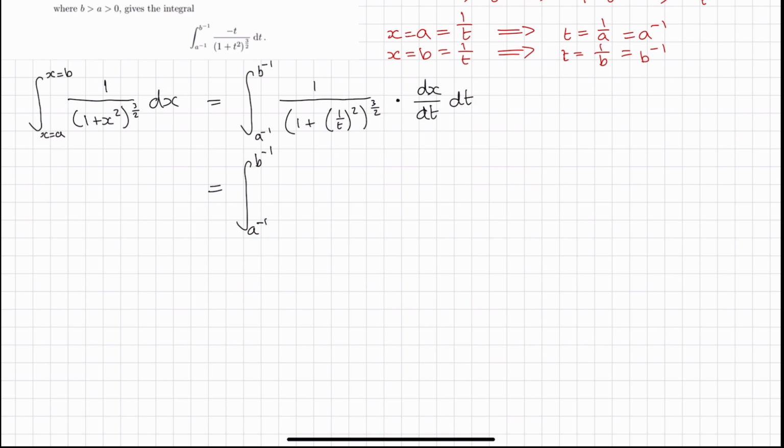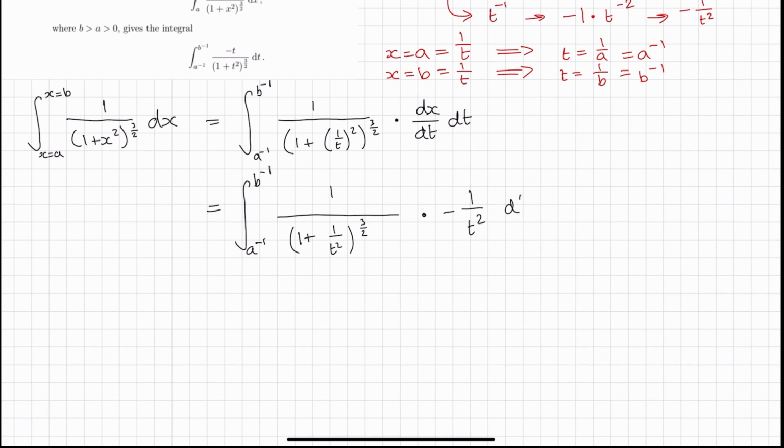So we then get, on the denominator, 1 plus 1 over t squared, to the power of 3 over 2, multiplied by negative 1 over t squared, dt.